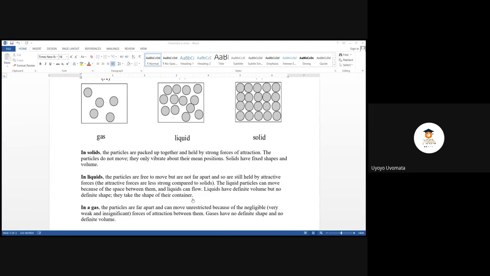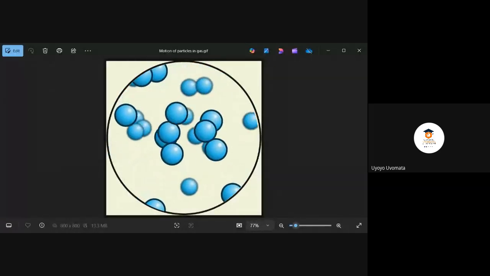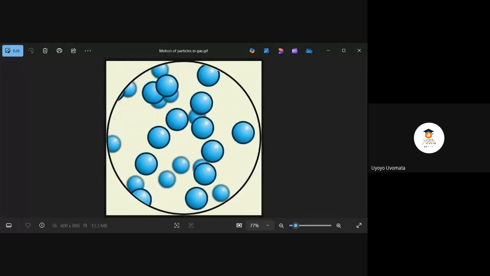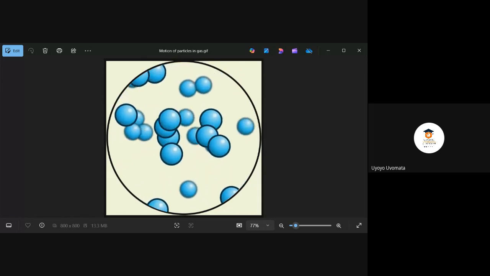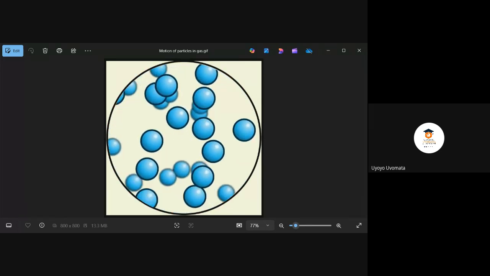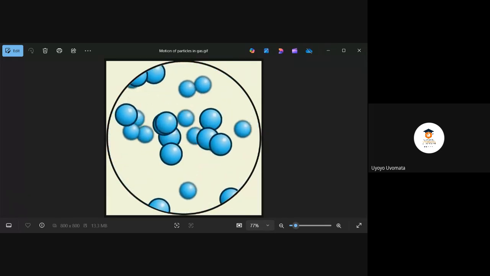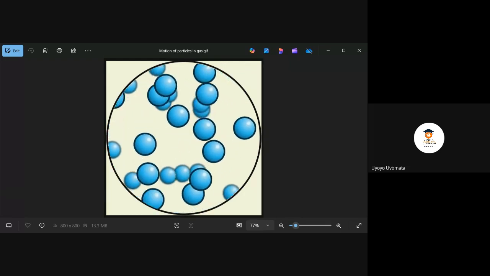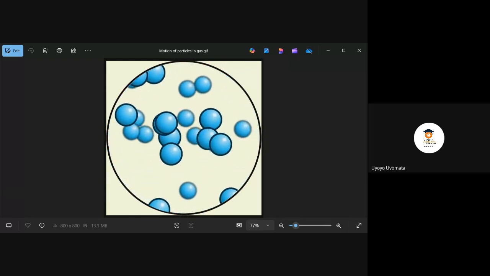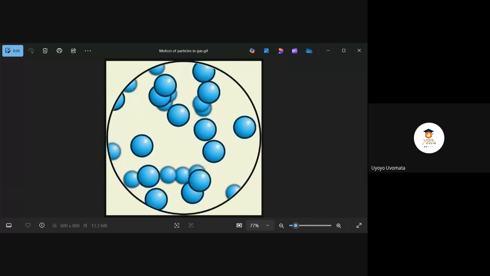Now, in the gaseous state, we have the particles in this form as shown by the short video we are seeing. So you can see the particles here. Now, what can you notice? They just move in a random way. There is nothing restricting their movements. The forces that hold them together are so weak, and the particles can just move non-stop.